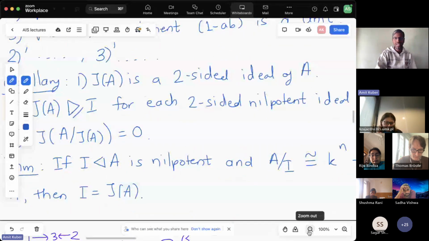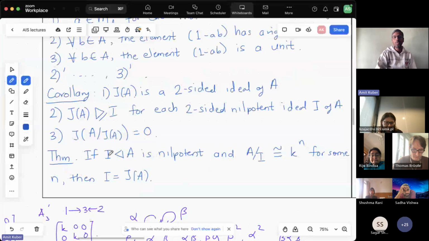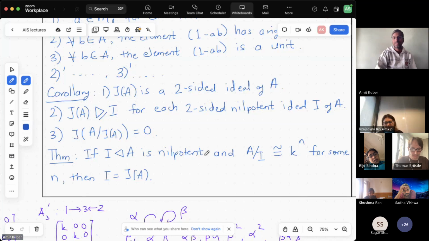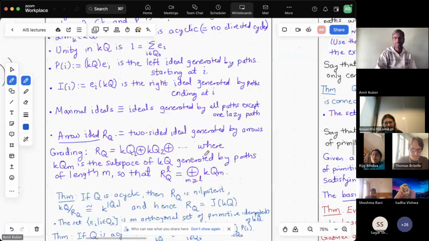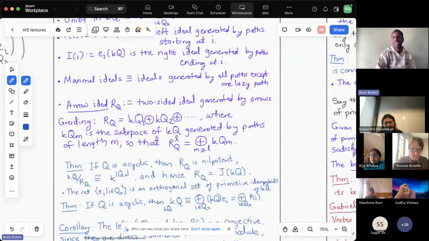If a two-sided ideal is nilpotent and the corresponding quotient algebra is isomorphic to K to the power N for some N, then it equals the Jacobson radical. I'm just going to use that result to conclude that the Jacobson radical of the path algebra is actually the arrow ideal in this case. Any questions so far?